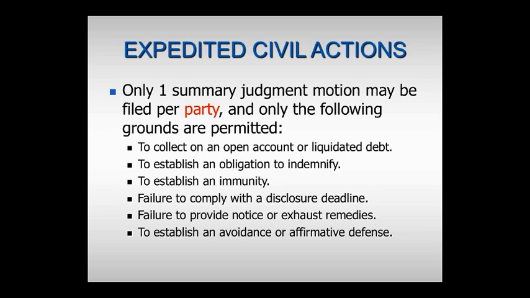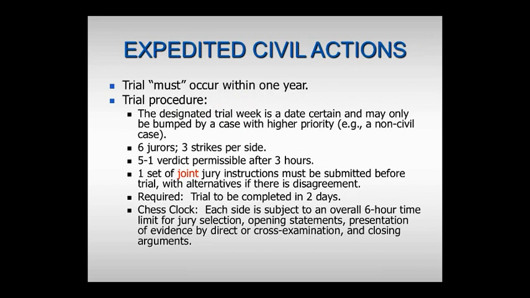That's not permitted under the ECA rule. The thinking behind that was that those motions are inconsistent with keeping to the early trial date. And the early trial date is 1 year, and the rule provides that the trial must occur within 1 year.